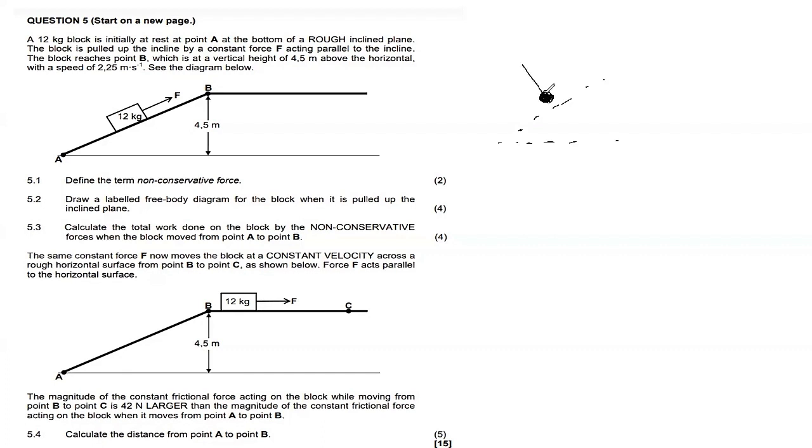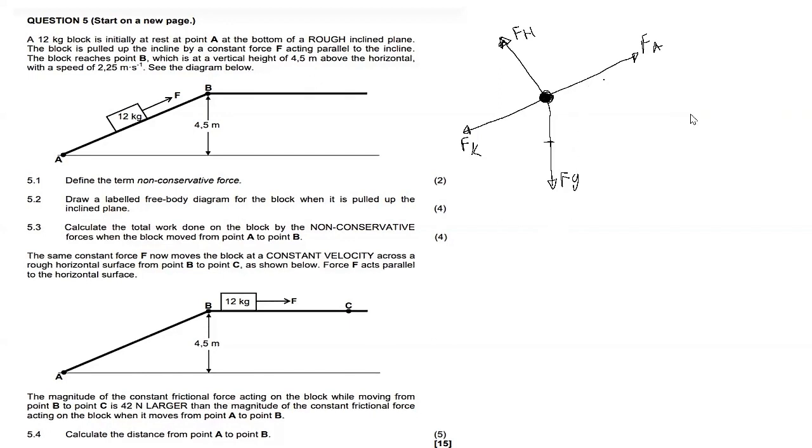Then we have, acting perpendicular to the surface, our normal force. And then acting downward is our gravitational force. Acting up the incline is our applied force. And acting down the incline is our frictional force. Now you can nicely erase that incline, and then you have it like that.